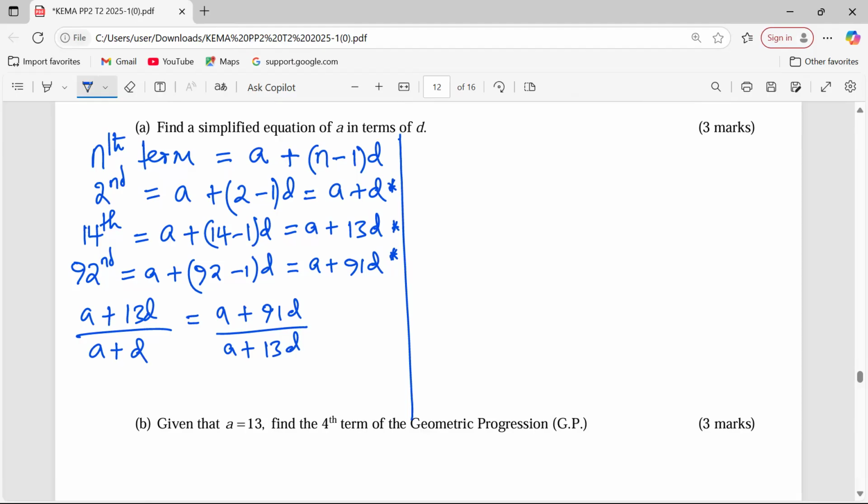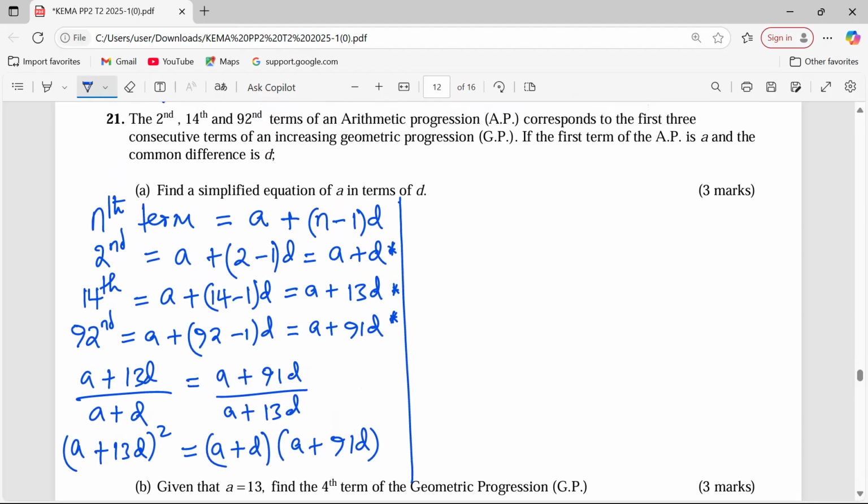So this interpretation should be used to conclude a few things. We can now cross multiply: a plus 13d multiplied by a plus 13d, so squared, equals a plus d multiplied by a plus 91d. Then we can expand a plus 13d squared.